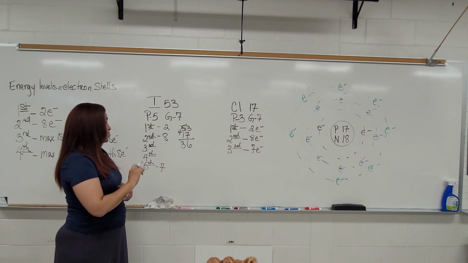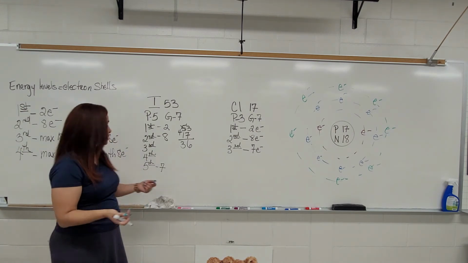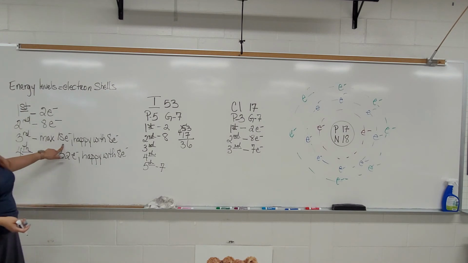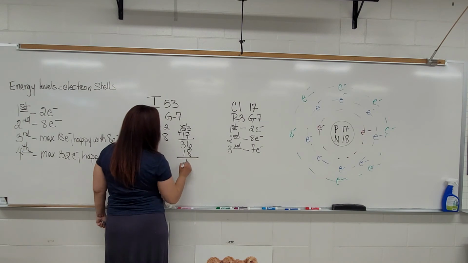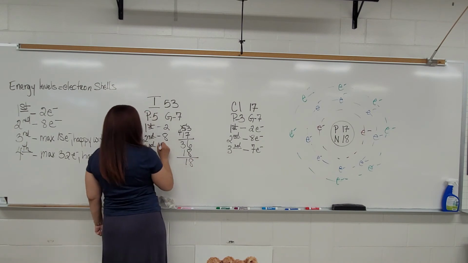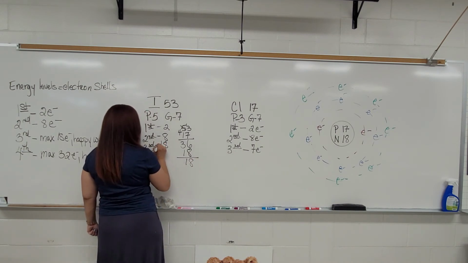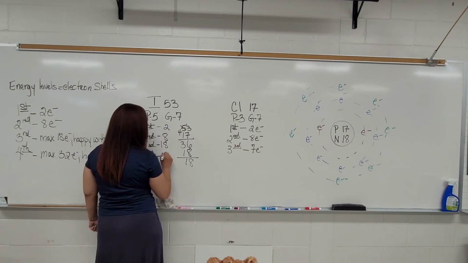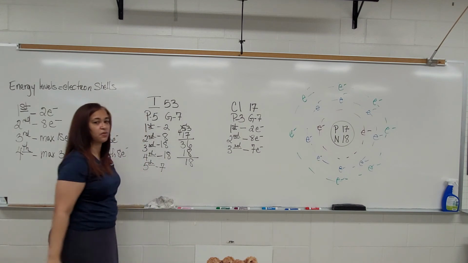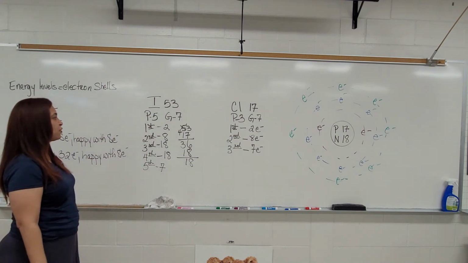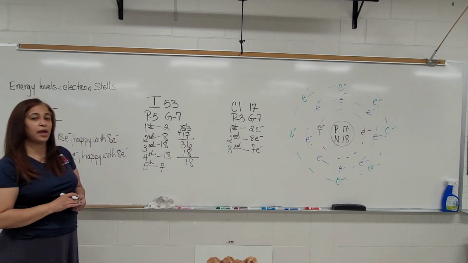So now, in the 3rd energy level, we said the maximum number we can have is 18. Well, 36 minus 18 is 18. That means we have 18 in the 3rd shell, and by default, the last 18 in the 4th shell. So that is the correct electron configuration for iodine.